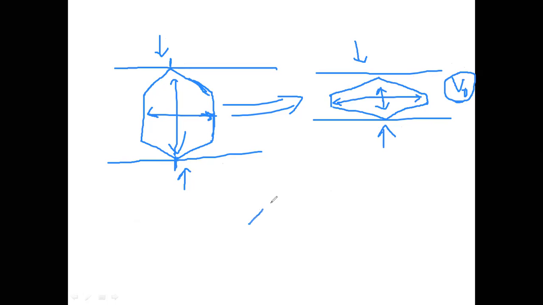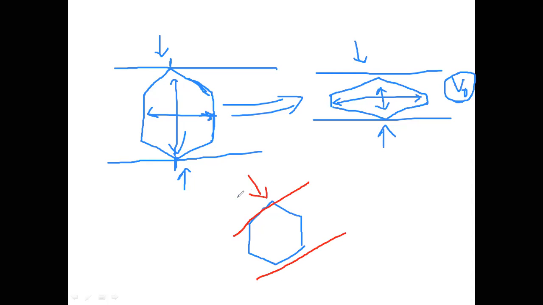Okay. For example, let us take this is a crystal. And if I apply force on the face of this crystal, not on the vertex, then the amount of deformation will be very high.